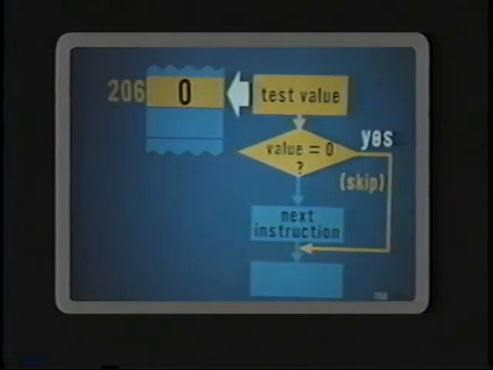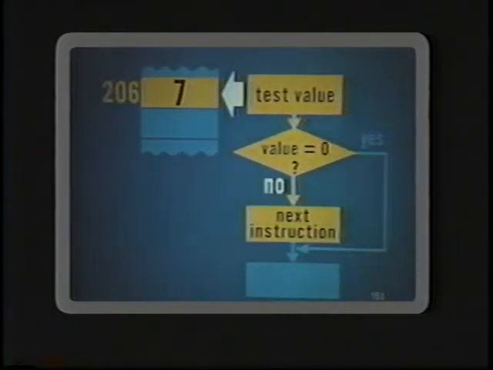Then the computer tests the value that has just been incremented to see if it is a 0. If the value is a 0, the computer skips the next instruction in the sequence. On the other hand, if the tested value is not a 0, the computer ignores the conditional skip and continues with the next instruction in the sequence.